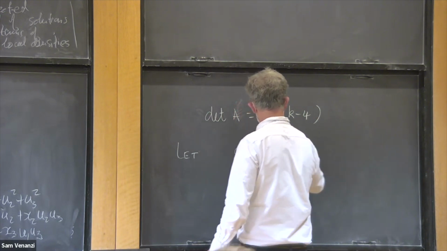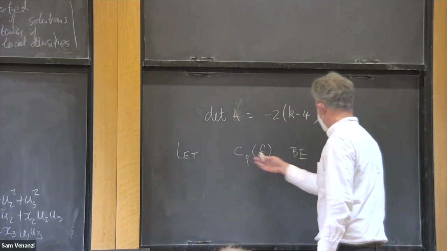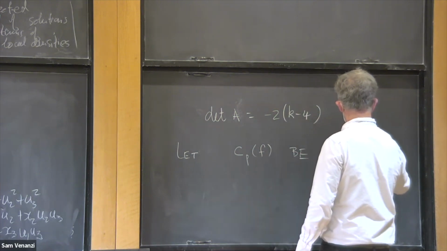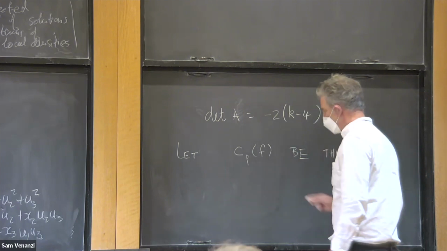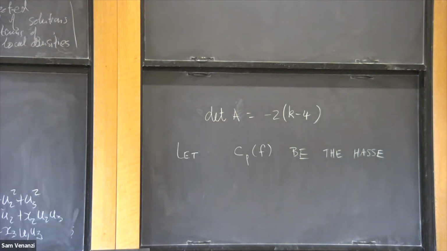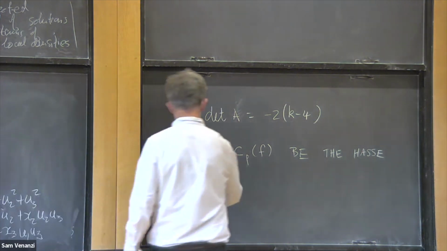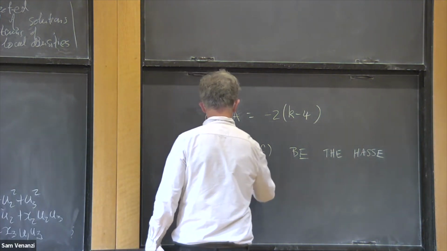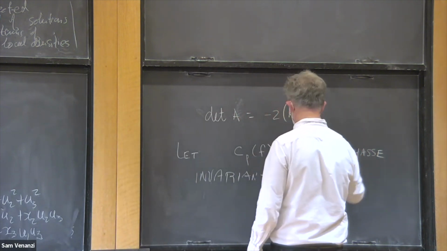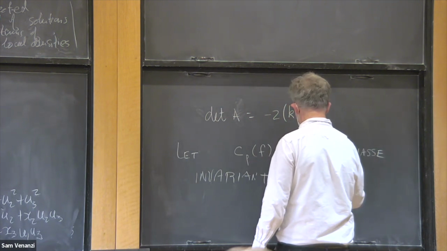Let c_p(f), for p finite and Archimedean, be the Hasse invariant given by the Hilbert norm symbol. If it's diagonal, it will be the product of all the Hilbert symbols of all pairs of the different coefficients a1 through an. So let c_p(f) be the Hasse invariant of f, which is what's used in classifying quadratic forms over the p-adics.